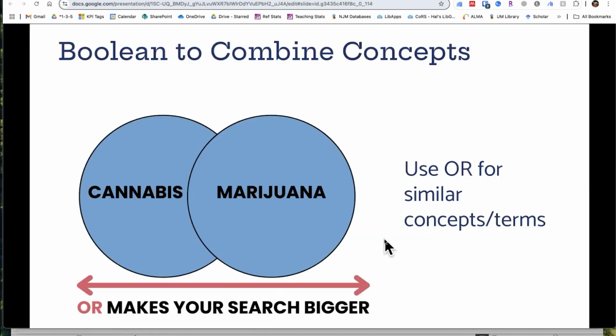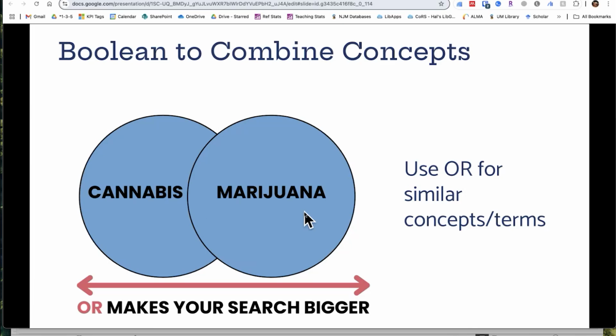Okay, so when you have built your concepts, some things to remember, these are back to the basics, especially if you haven't done any searching for a while. Anytime you use the word OR, it makes your search bigger. And you use OR in between similar terms. So if we go back to our PICO topic, if I search cannabis OR marijuana, I will get a larger set of articles.